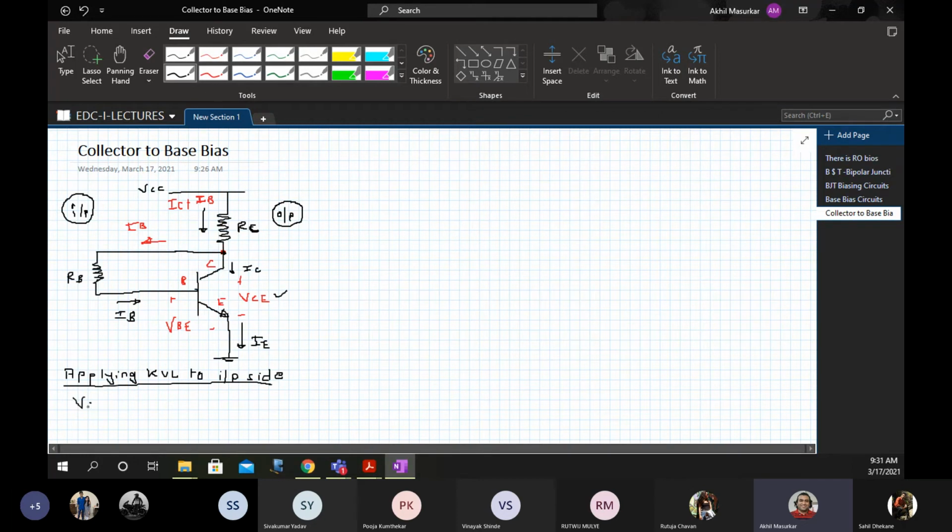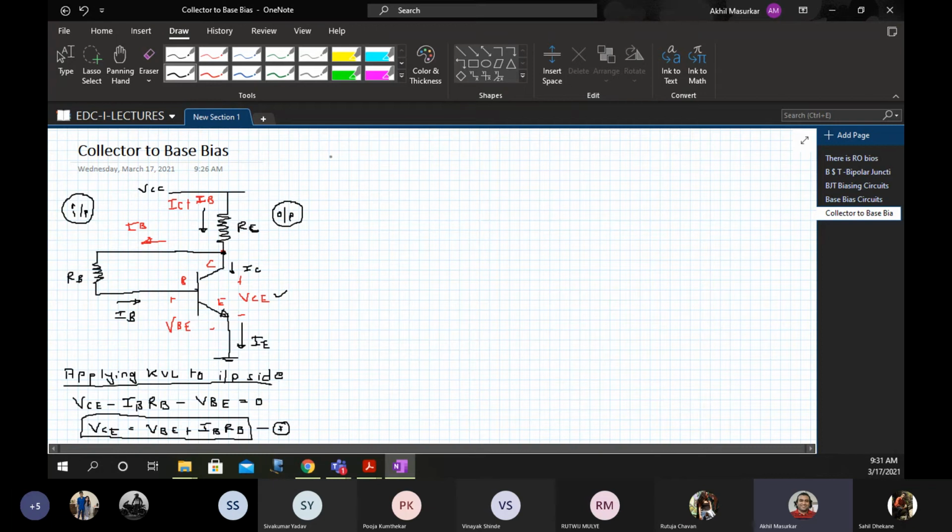So we can write VCE minus IB RB minus VBE equals 0. So we can write VCE is equal to VBE plus IB RB. So I'll call this equation 1.